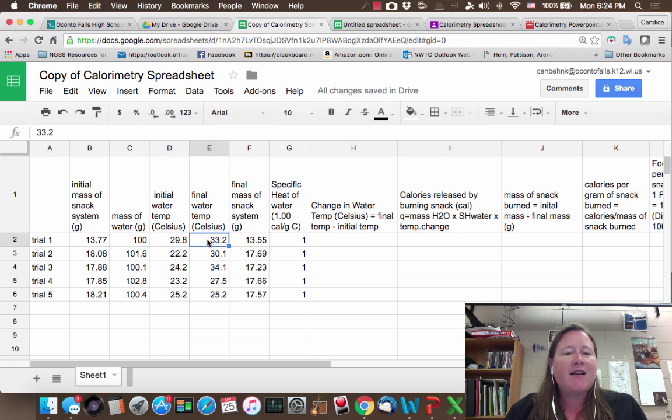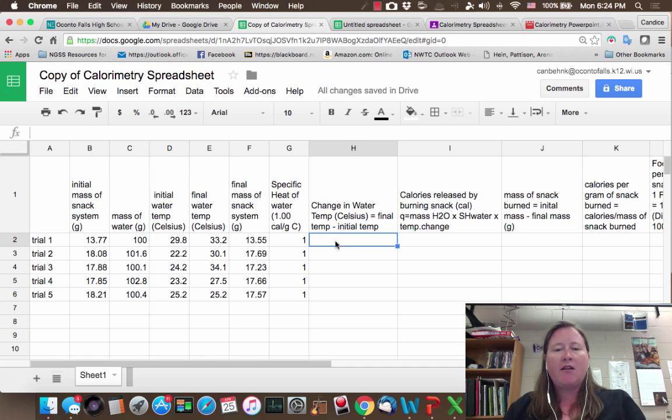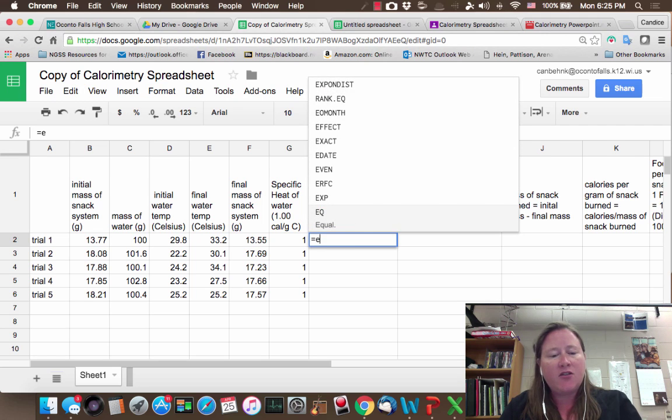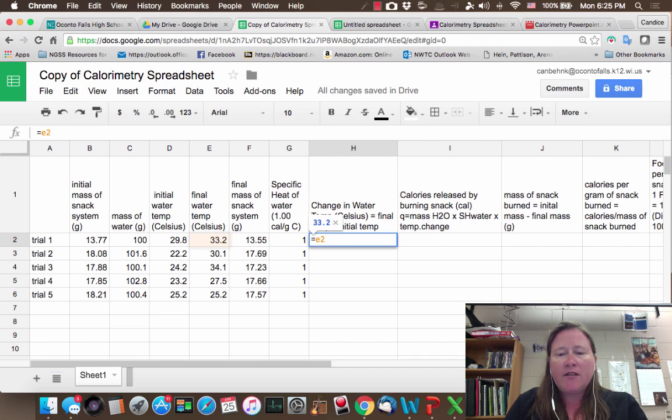Since we want to take this minus this, what you do when you're going to put in a command that makes you do a calculation is you put an equal sign. That automatically puts it into a mode where it's going to perform a calculation. In this case, I want to take what is in E2 and subtract what is in D2.